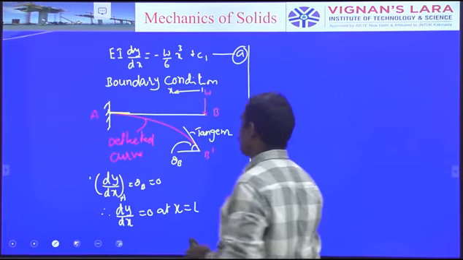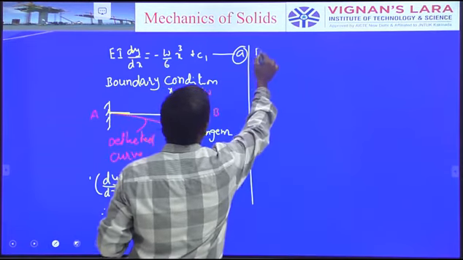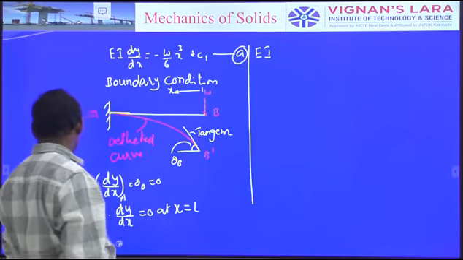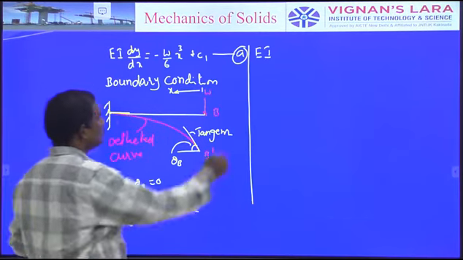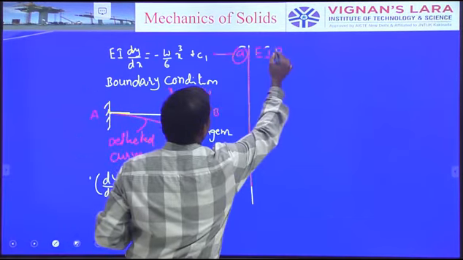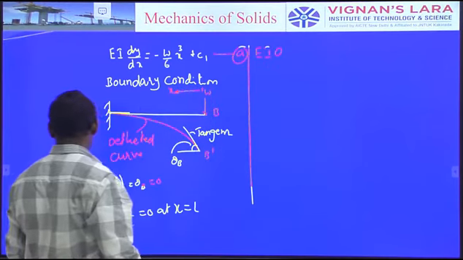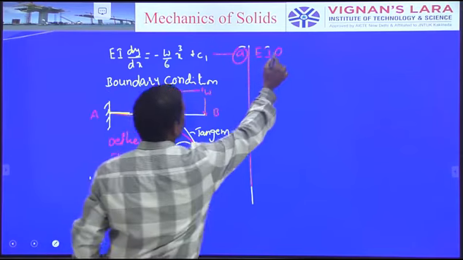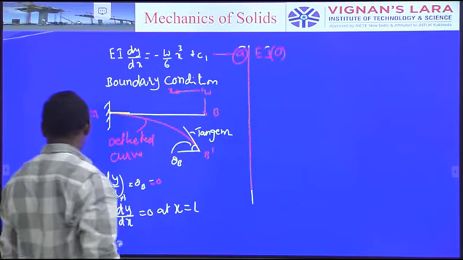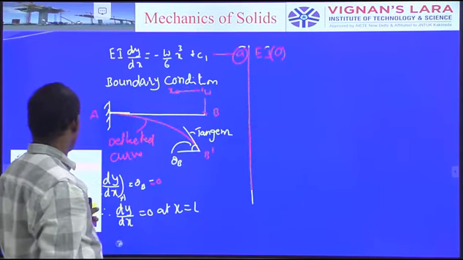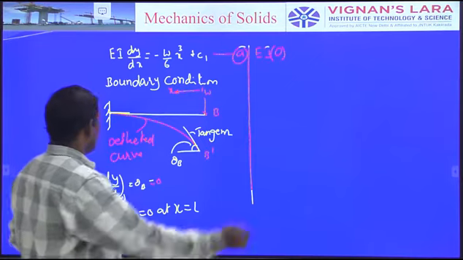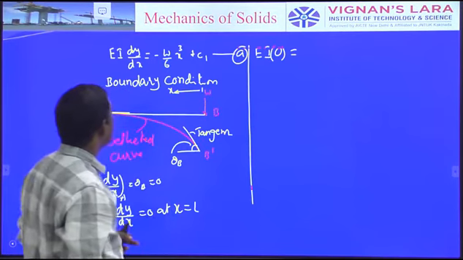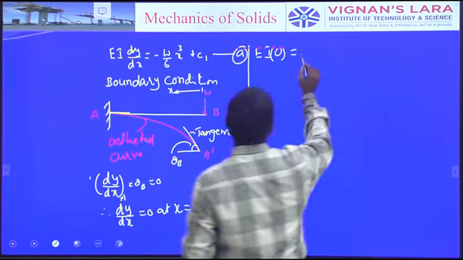So EI into dy by dx is equal to 0. What about the x value?